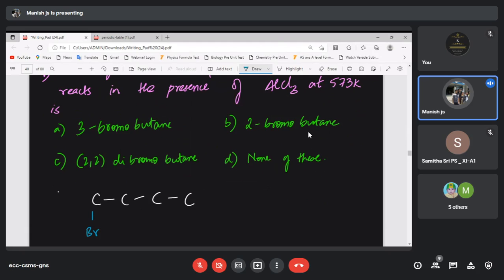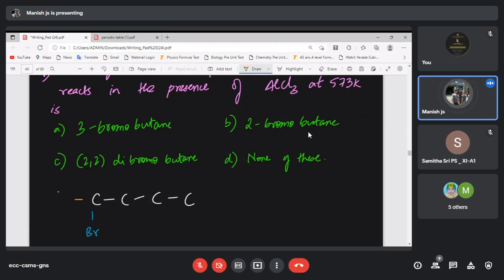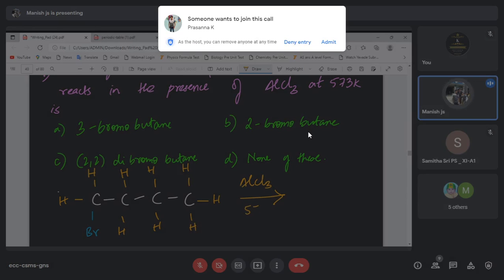I put the bromine at the first position, and the rest you satisfy with hydrogens according to valency, like this. This is the structural formula of 1-bromobutane, which is reacting with aluminium trichloride at 573 Kelvin.